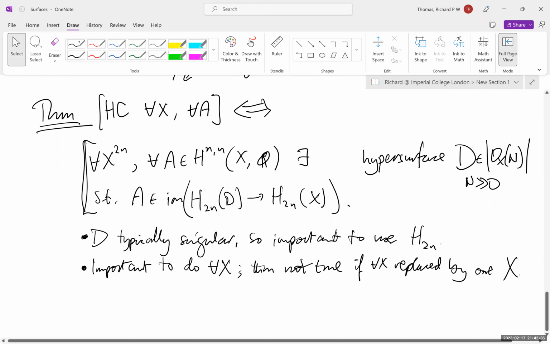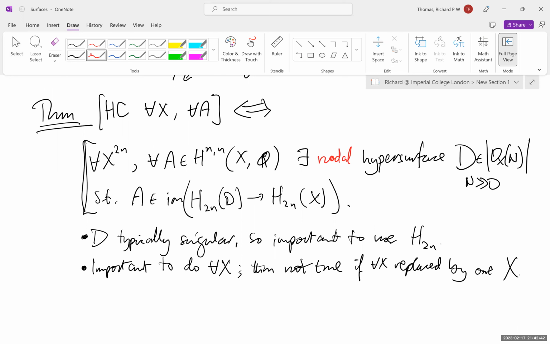And then I'm going to write here "nodal", because that's what I'll prove today. But the theorem's true with or without nodal. In general, D will be singular. You can, if you wish, constrain the singularities of D, or you don't have to. If you prove it for arbitrary singular D, that's absolutely fine as well.